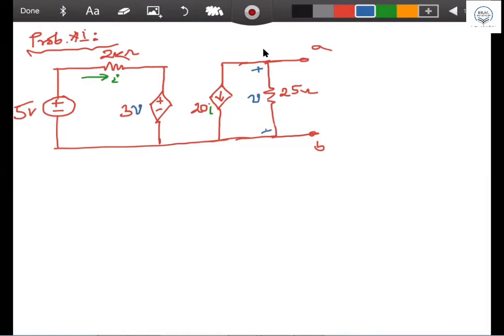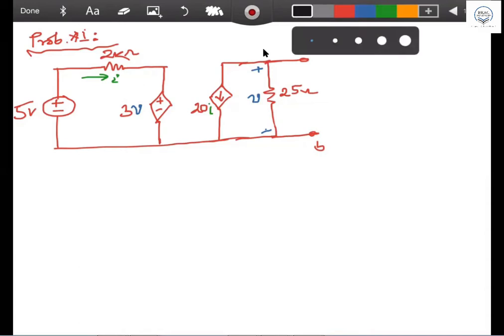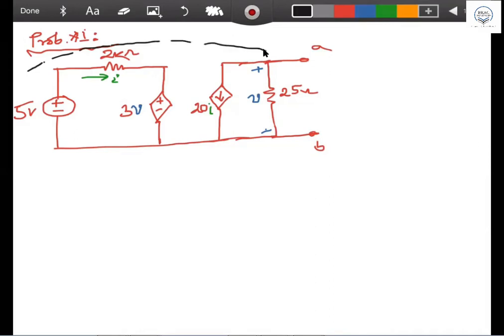What you have to do is draw the equivalent circuit of the whole thing. So, Thevenin equivalent of the whole network.